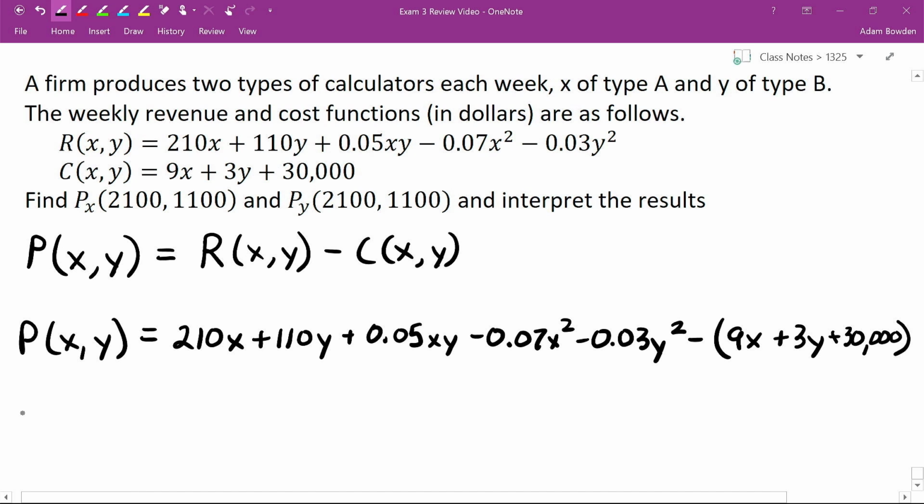Okay, and if we subtract everything in the common like terms and all that stuff here, if there are any, what we're going to get here is this 210x and 110y. Those are like terms.